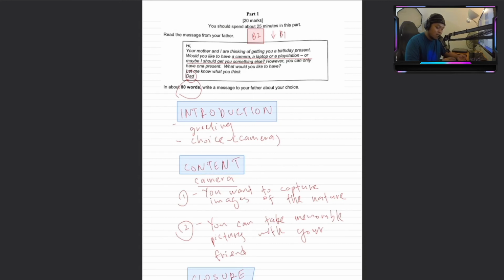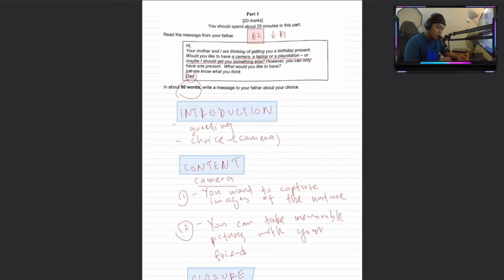But this is actually a very easy one because this is around B1 for the difficulty. So as long as you don't have any major errors, and you have everything that is needed, and you put in difficult words, you put in all the idioms that you know, and you make sure that you have good sentence structures, multiple types of sentence structures.